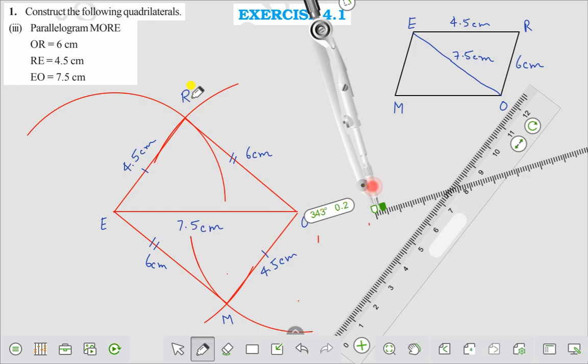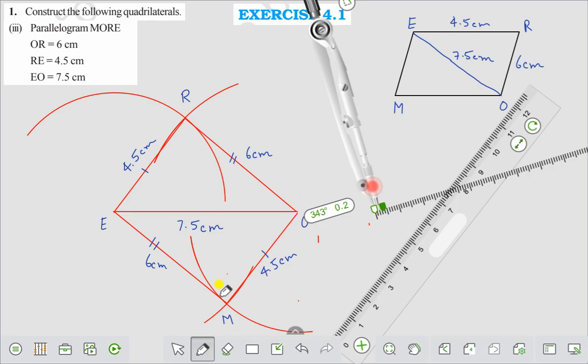Then with O as center, take a measurement of 6 centimeter, and with E as center, take a measurement of 4.5 centimeter. You get the point R. Join ER and RO. This is 6 centimeter, this is 4.5 centimeter, and in a parallelogram the opposite sides are equal and parallel.